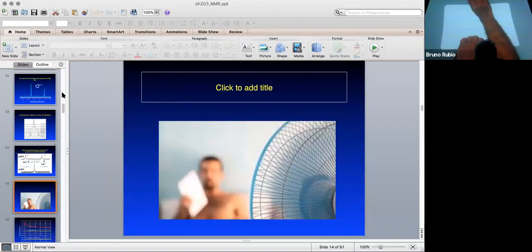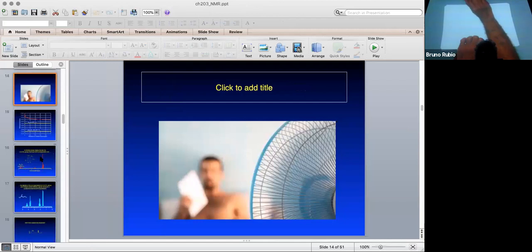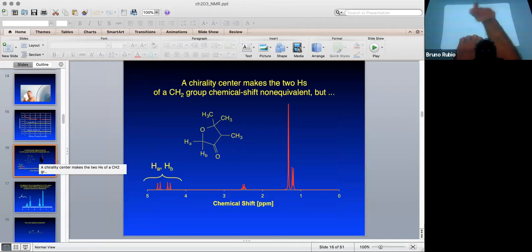Okay, hope they're here somewhere. All right. So here's an example of a molecule. I see a chirality center over there at 3 o'clock. And down here, I see HA and HB. That's a CH2 group.